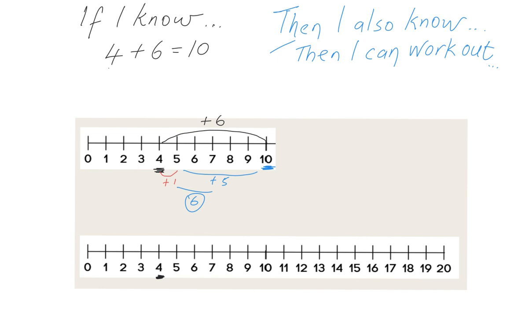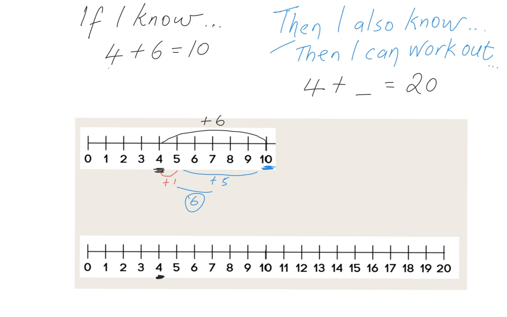But we want to then move beyond that and extend them, make connections. So if I know 4 plus 6 equals 10, then I also know, or I can also work out, 4 plus something equals 20. So here I want to suggest the strategy initially of get to 10. So we start at 4 and we want to get to 10.